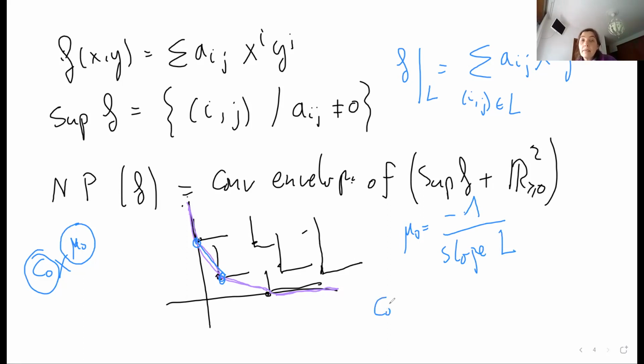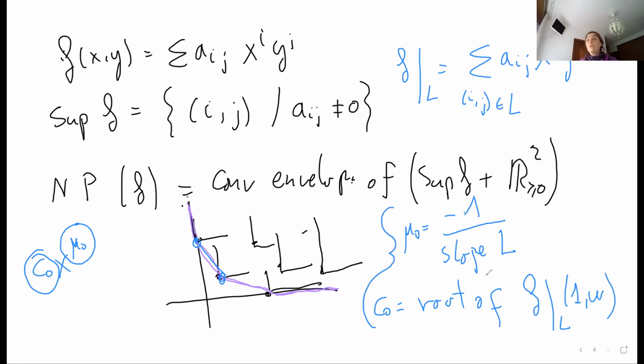And c_0 is a root of f restricted to the same edge, evaluated at (1, w). That's Newton's method. I draw the Newton polygon, I find mu_0 and c_0, we substitute, and then again we can find the second term, the third term.